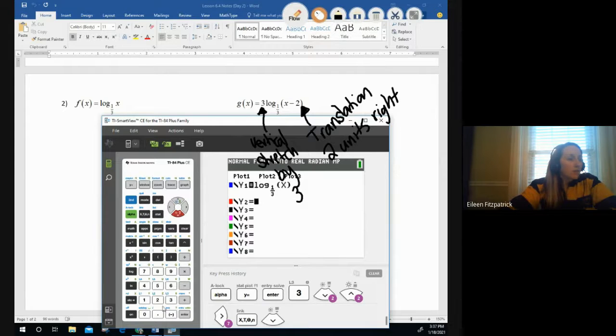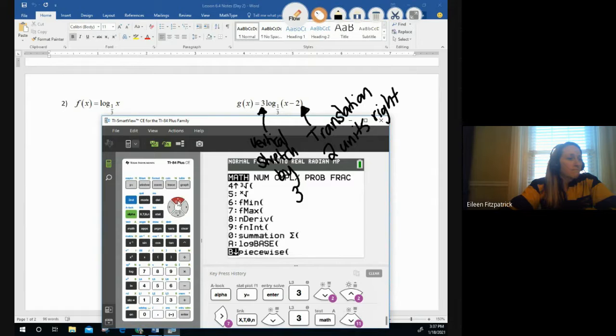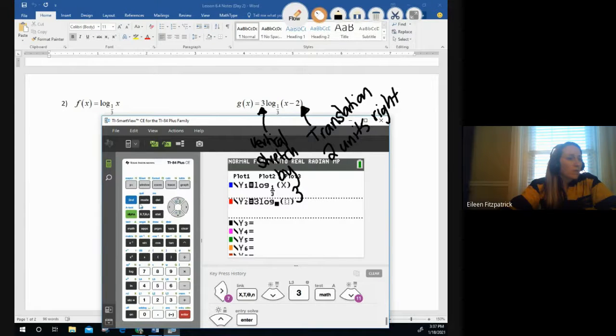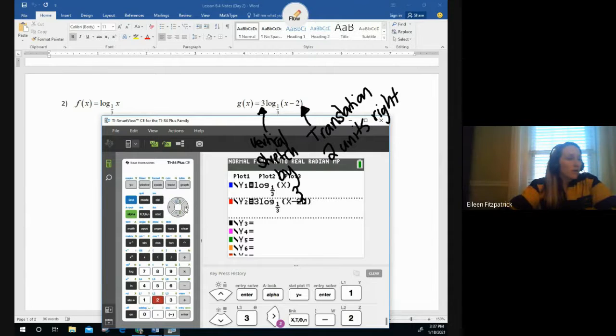And the second function is 3 log base 1/3 of x minus 2. And then I can graph.